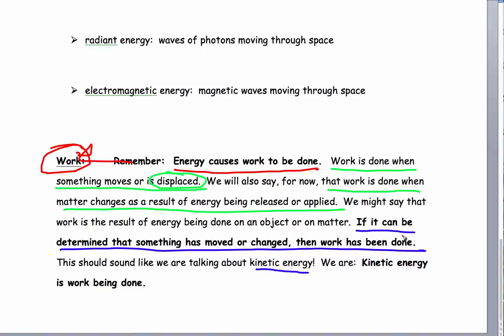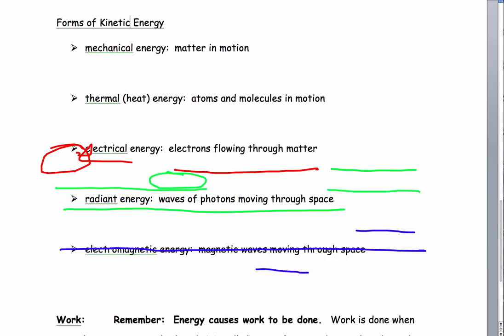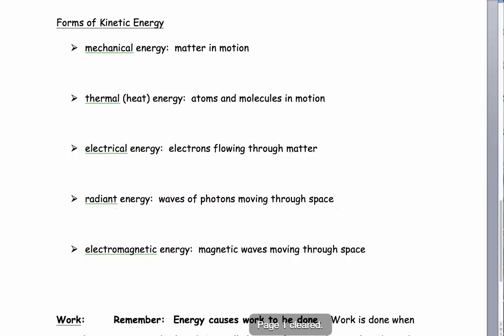So if you think about it, all these types of kinetic energy that you're going to draw sketches of, we would say that work is being done if you observe each of these types of kinetic energy. So that might help you with your sketches. If you think about what it would look like for work being done, sketching mechanical energy, matter in motion, that's actually a pretty easy one.